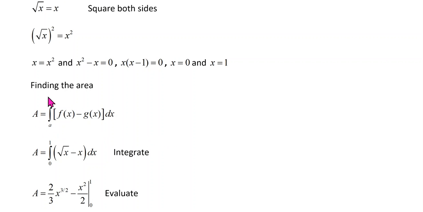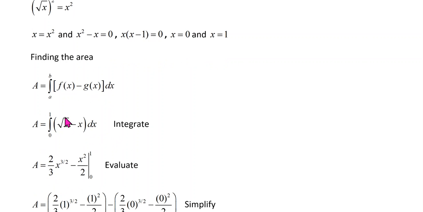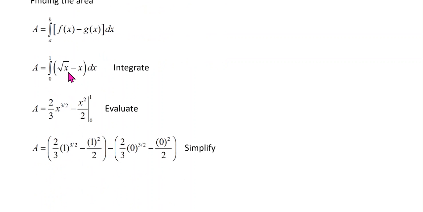So the first step is to find the area of the region, which we know we're going to take the integral of f of x minus g of x. So f of x is square root of x, g of x is x. So we're going to integrate these two terms. First we change square root of x to x raised to a half, and then we find its antiderivative, which is x raised to 3 halves divided by 3 halves.